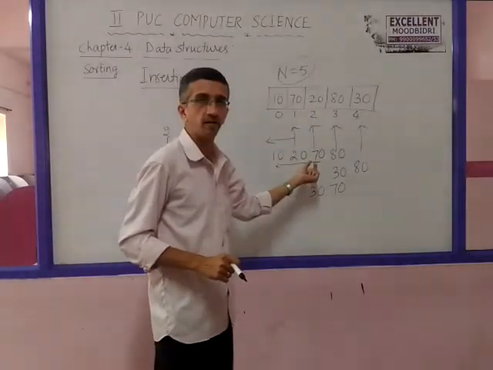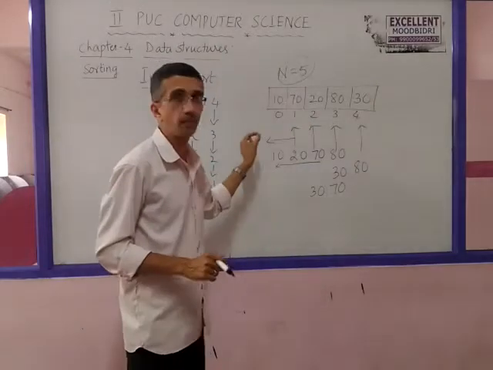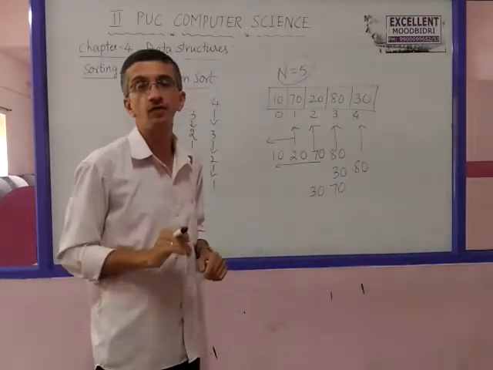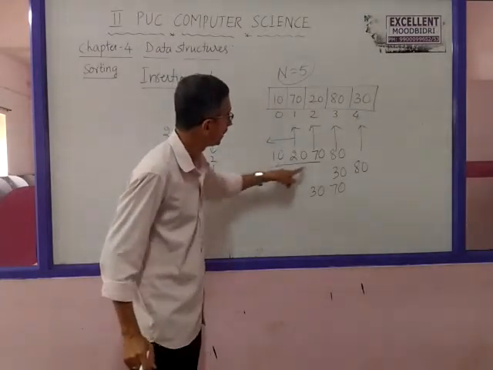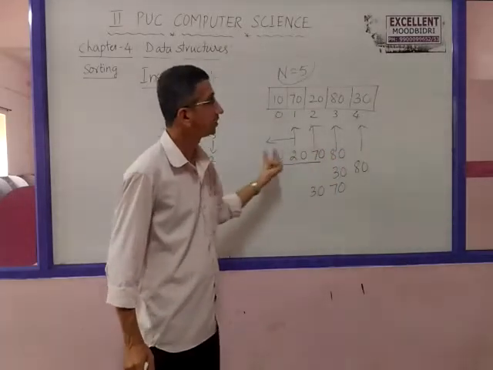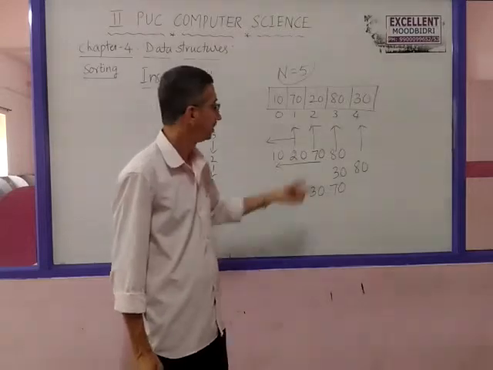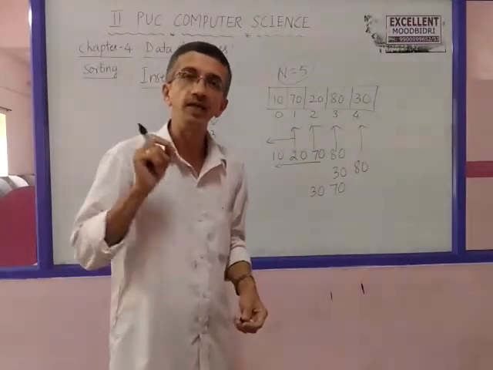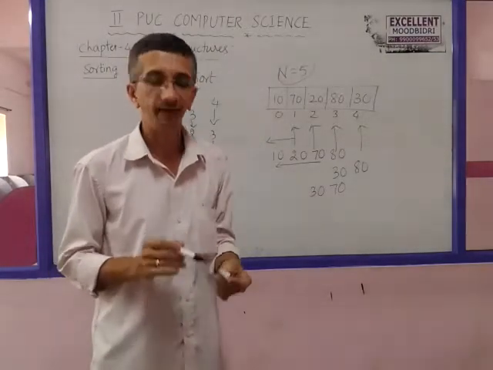Taking an element or item as the pivot or the key item, we find an appropriate position to insert it in the already sorted portion of the array. Now if you observe, this much portion is already sorted, correct? When you take an array, the previous items are already found to be in sorted order. So the selected item, we are finding a location for it to be inserted in the already sorted portion of the array.